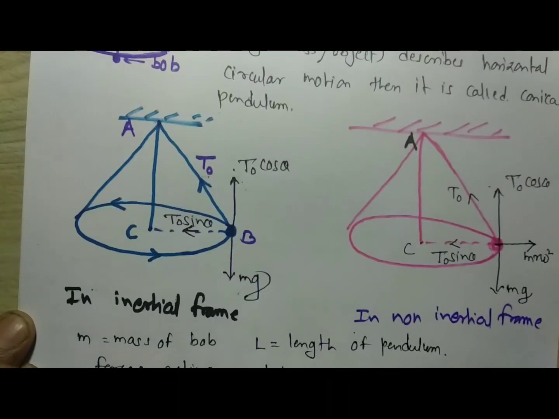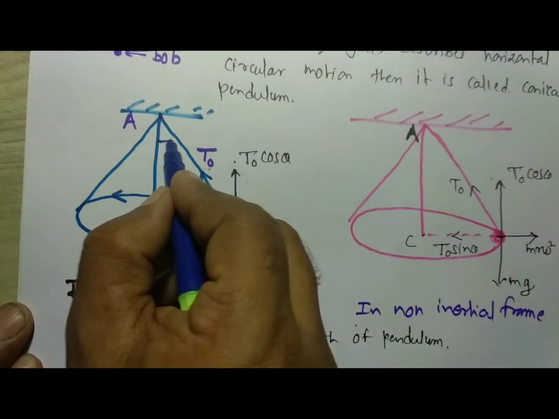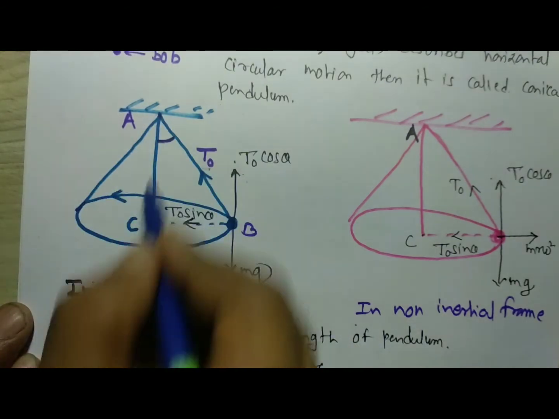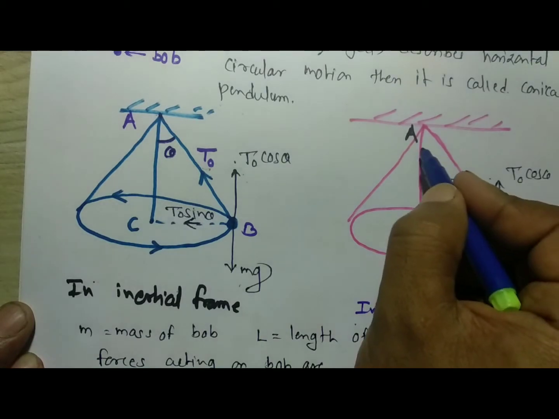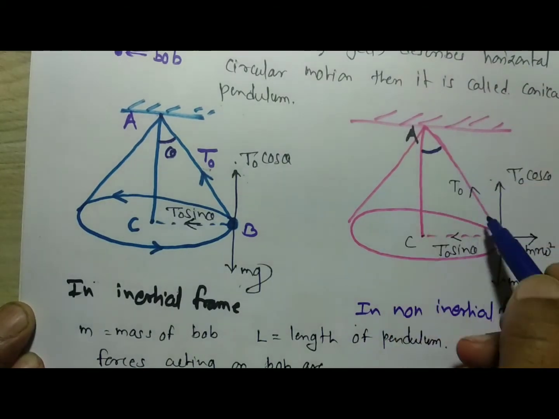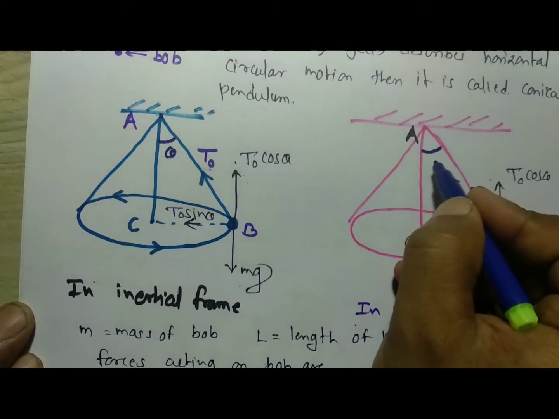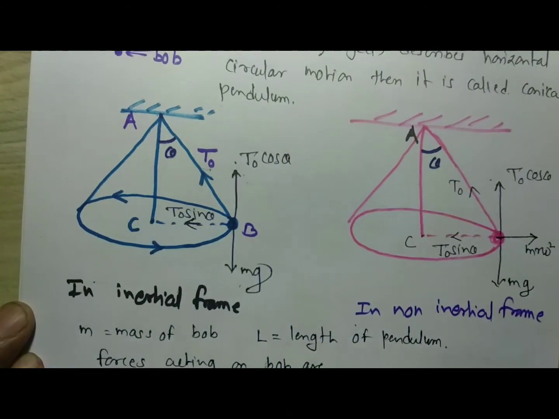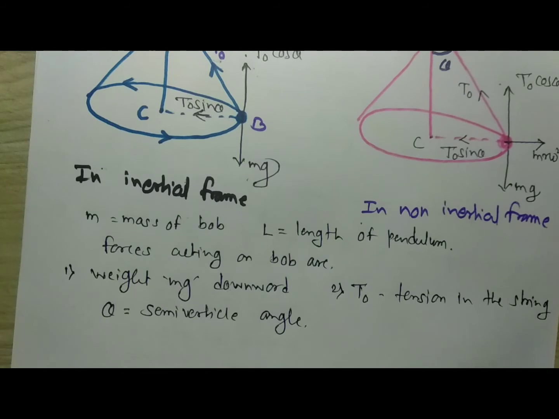Theta is a semi-vertical angle which is made by that string with the vertical plane or vertical axis, and this is the theta. Once again I explain that it is a half angle made by that string with the vertical, and this theta is nothing but a semi-vertical angle.